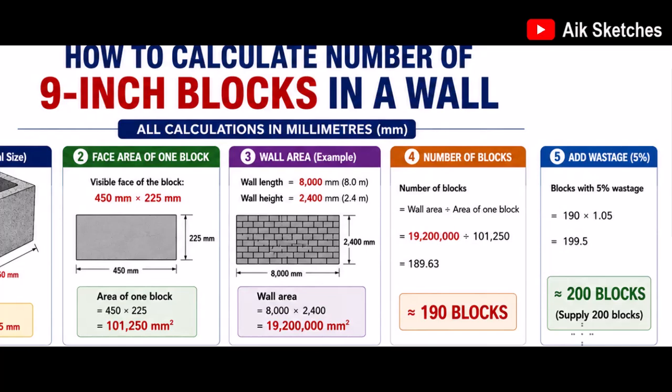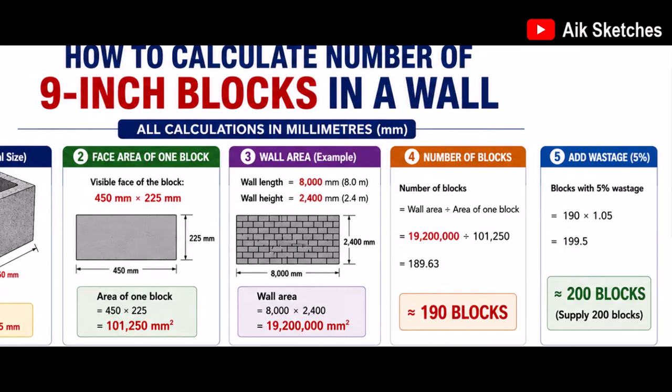Now the last part of this calculation is adding wastage. When we talk about wastage, we're talking about blocks that went to waste as a result of cracks, etc. Okay, so we're going to use 5% to calculate the wastage.